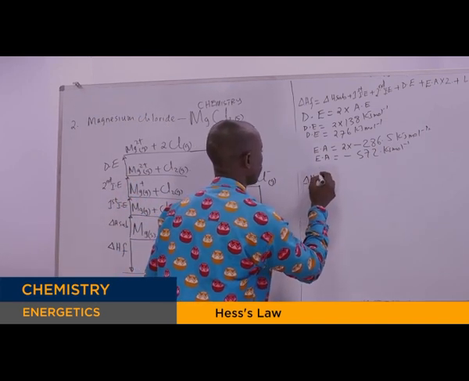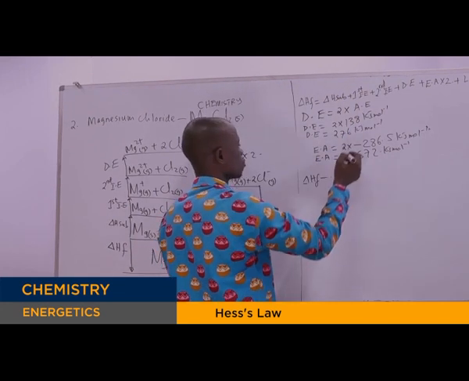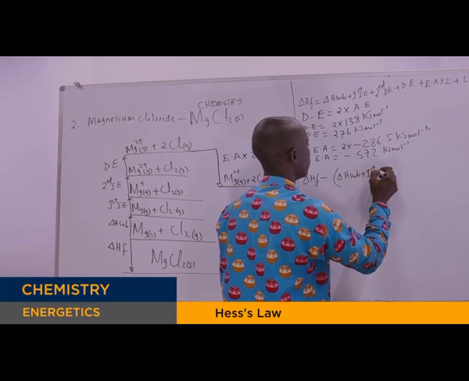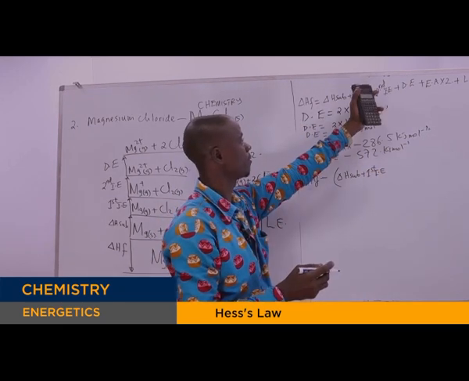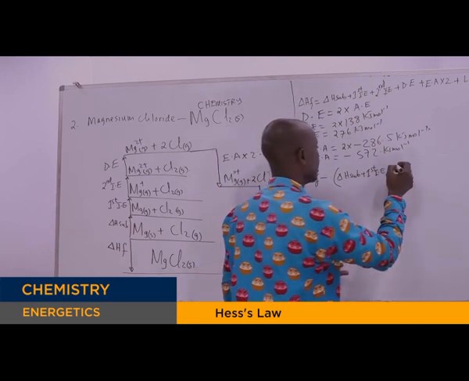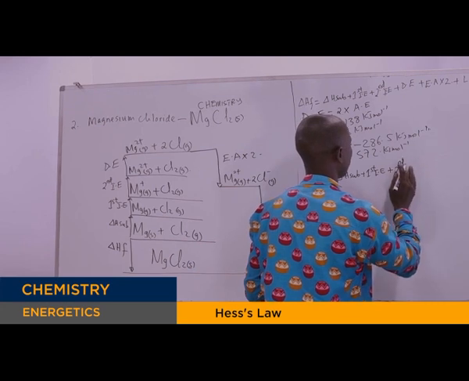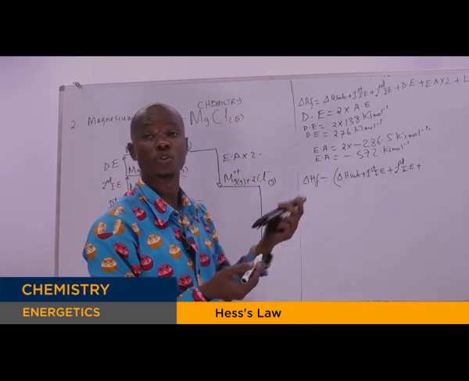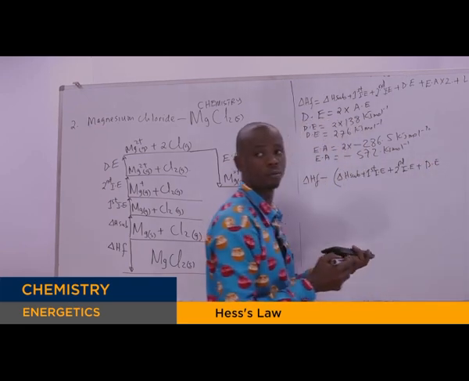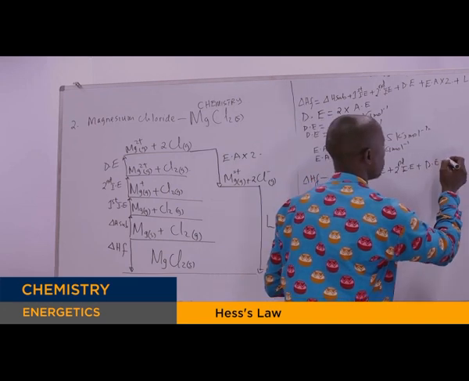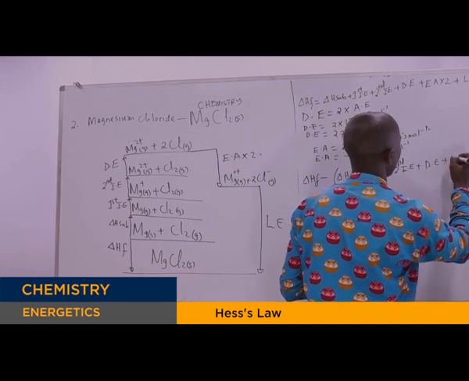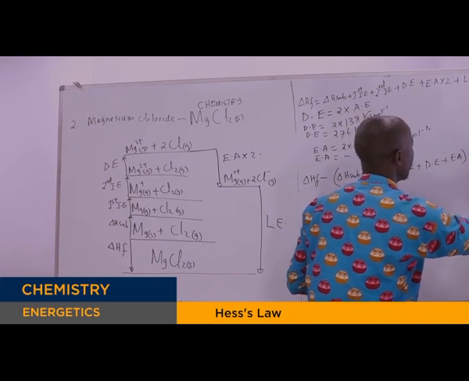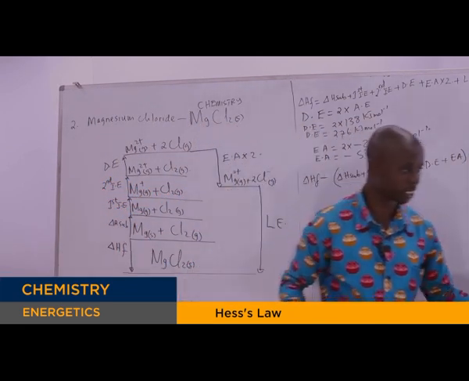So here, the enthalpy of formation minus, in bracket, enthalpy of sublimation plus first ionization energy as given here plus second ionization energy plus dissociation energy plus electron affinity, equals lattice energy. Now, because you have the data here, my dear students, you have the data here.